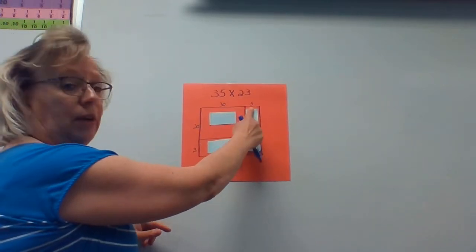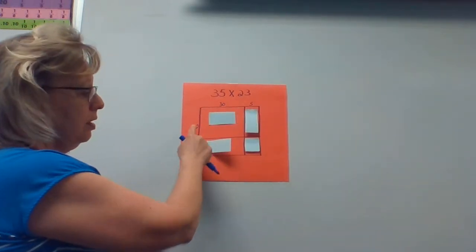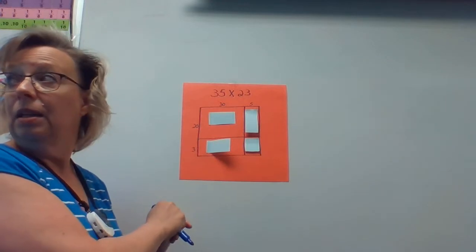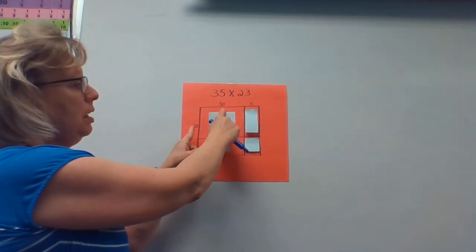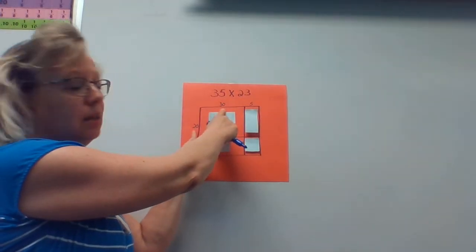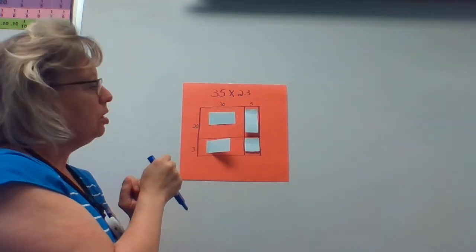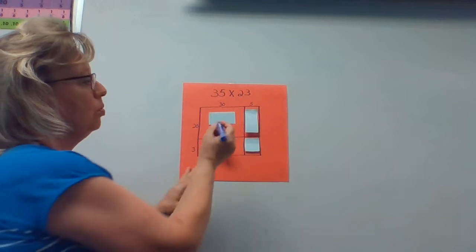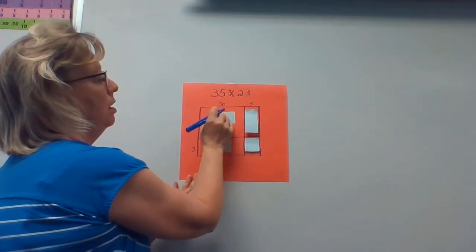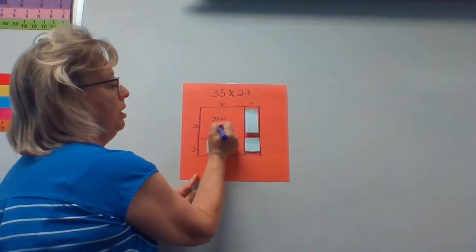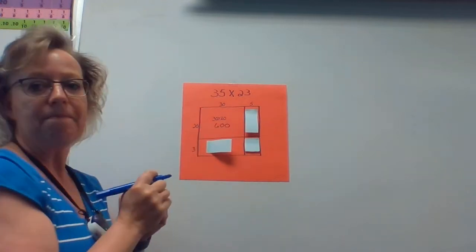So here's my 35, 30 and 5. Here's my 20 and 3. So I have 20 times 30. 3 times 2 is 6, so 30 times 20 would be 600. Okay.